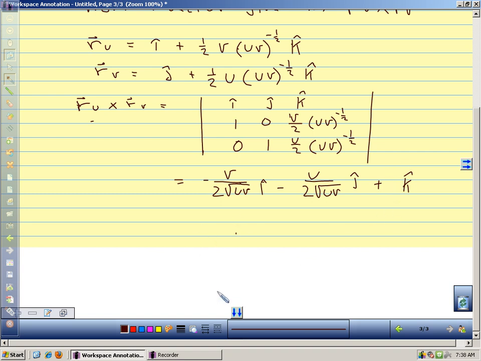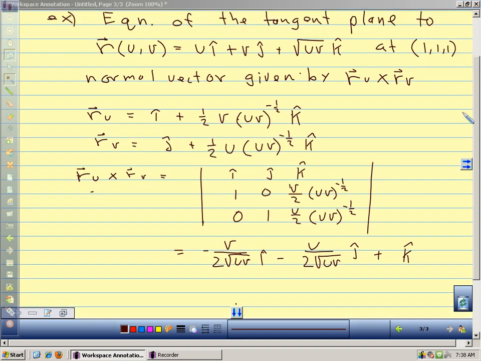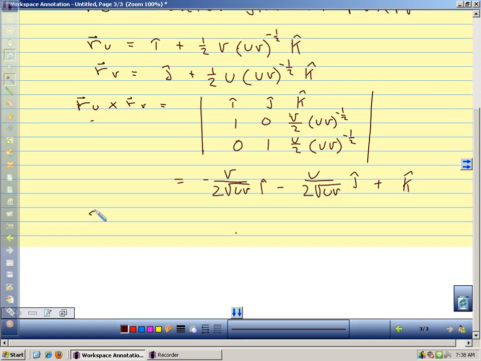So that's our cross product, and then we want our tangent plane at 1, 1, 1. So at 1, 1, 1, we have minus 1/2 i, minus 1/2 j, plus k. So this is our normal vector at our point.